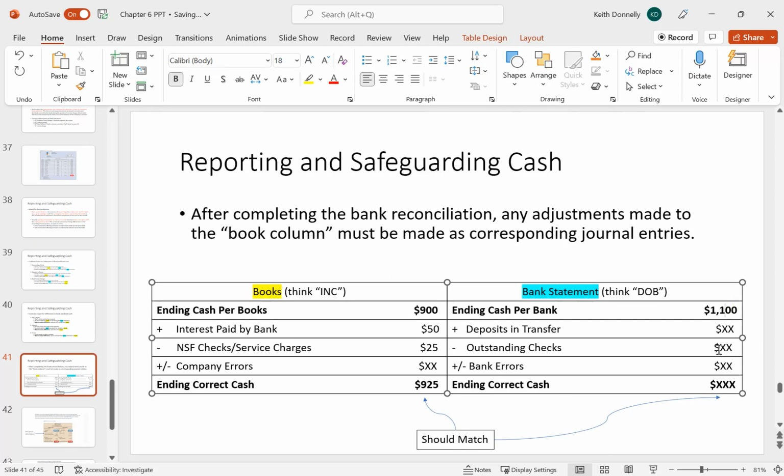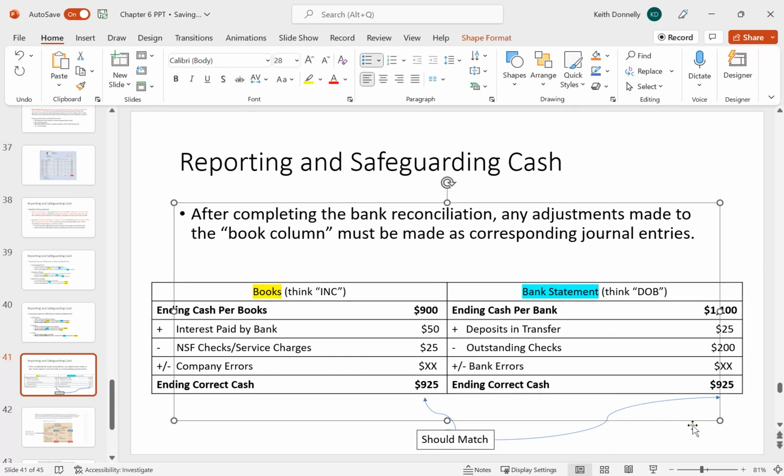This guy, there was 1100. Maybe there was 200 in outstanding checks, and $25 deposit in transit. That's going to get you $925, right?